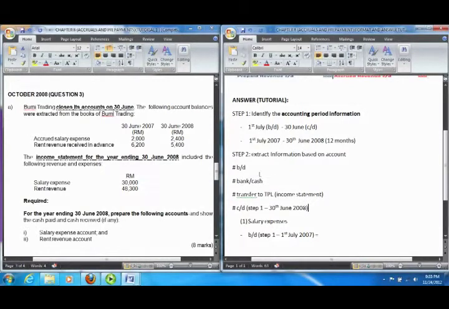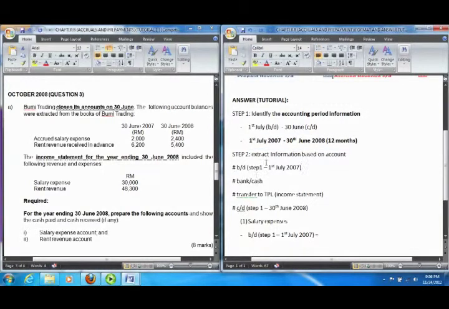So the BD is from step 1, 1st July 2007. Why, class? Because based on the accounting period, it is 12 months from 1st July 2007 to 30th June 2008.